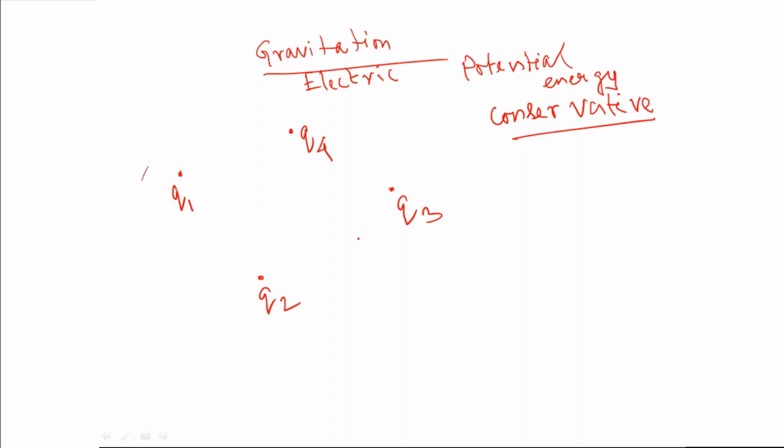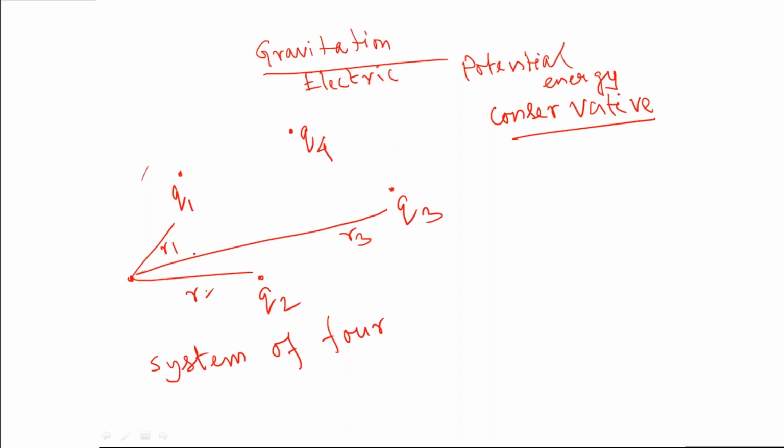So you have been asked to calculate, the problem is like this: I have a system of 4 charges, and the charges are given, and suppose from an arbitrary origin their distances are r1, this is r2, this is r3, and this is r4. This is the origin.